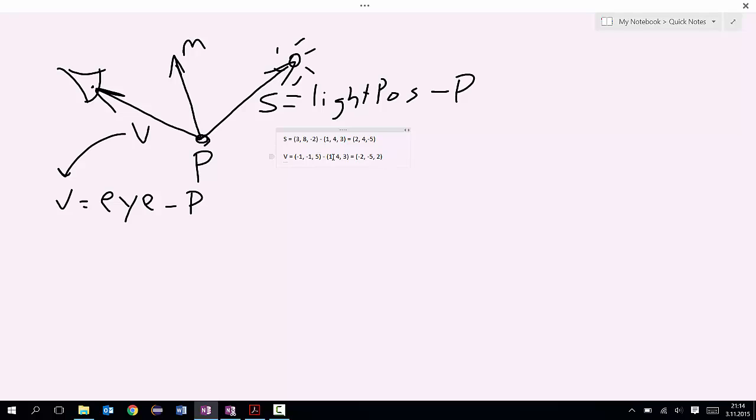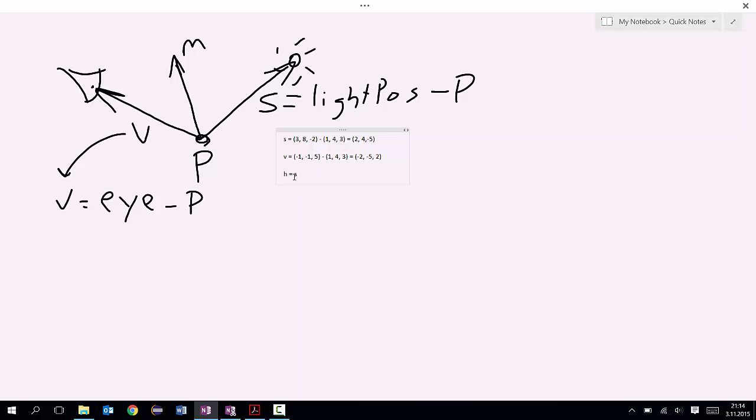and eventually we will have to find the halfway vector as well. Okay, I don't want these to be capital letters here. Halfway vector h is an approximation of a vector halfway between v and s, imagining a vector that would reflect s into v.